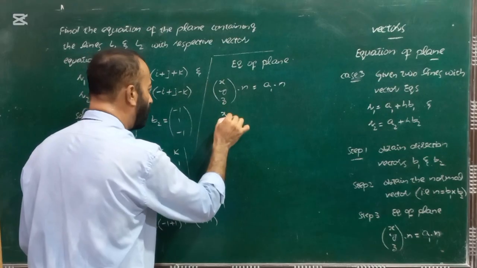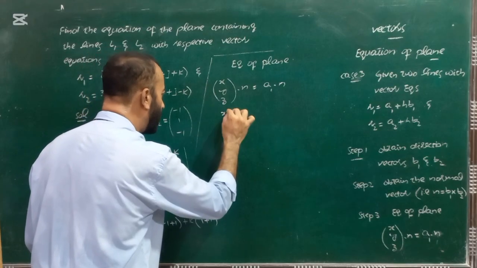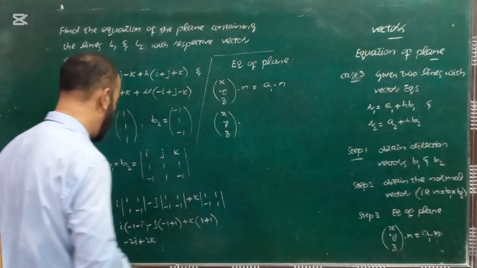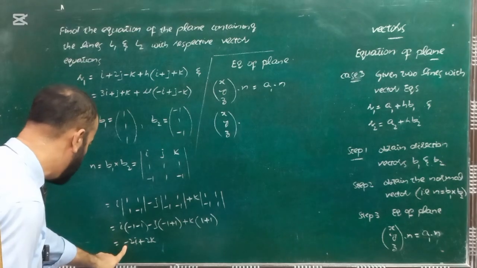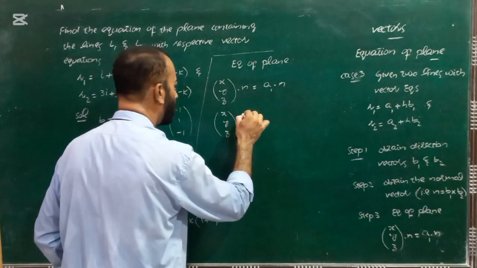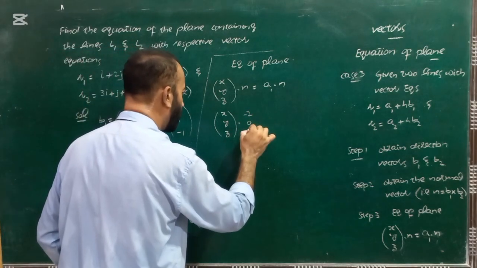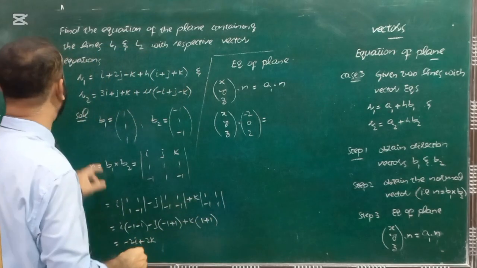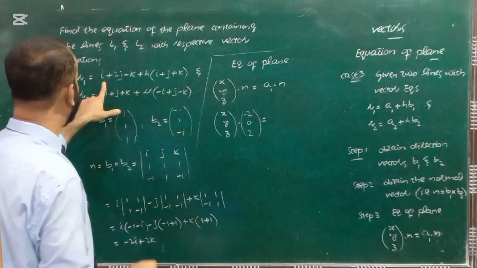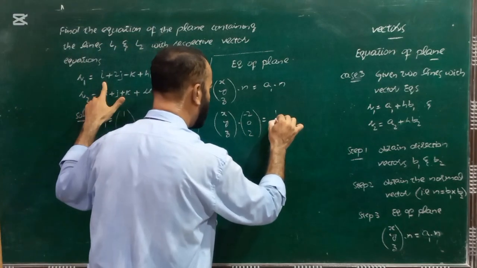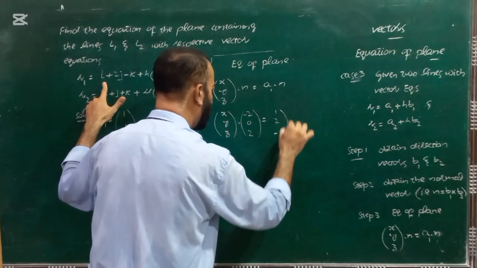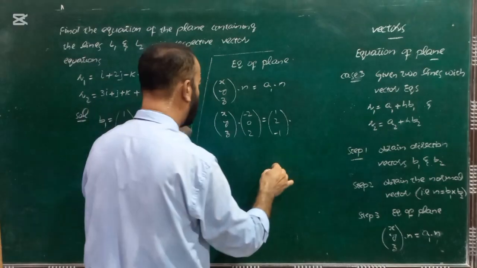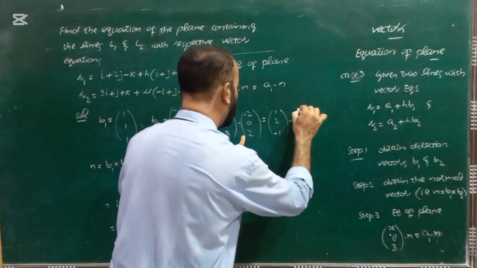So x, y, z as it is, dot n, which is minus 2 0 2. On the right hand side, a1 is 1 2 minus 1, dot n, minus 2 0 2.